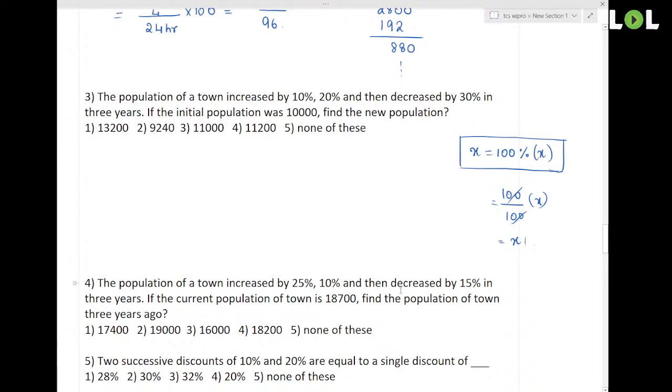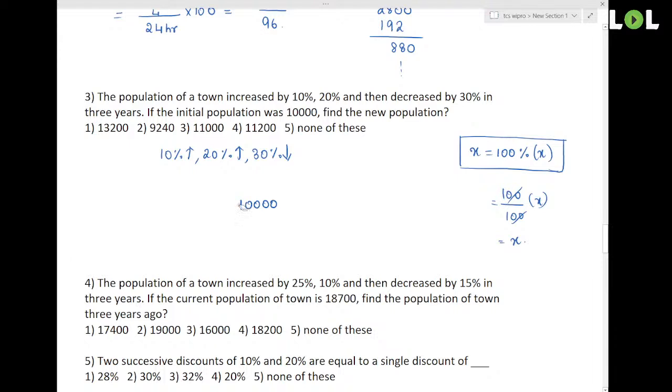Now see what it is telling. The population of a town is increased by 10%, again increased by 20%, and then decreased by 30%. This is in 3 years. If the initial population is 10,000, find the new population. We know the initial population is 10,000.